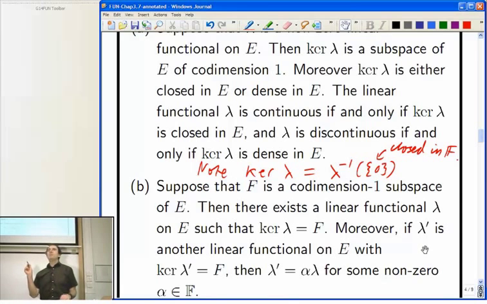So you've got a pretty nice correspondence between codimension 1 subspaces and linear functionals. Except that if you take a non-zero multiple of a linear functional, it's still got the same kernel. But apart from that, it's an exact correspondence. You can tell what your linear functional is up to a scalar multiple by figuring out what its kernel is. And obviously, if you know the linear functional, then you know what its kernel is.